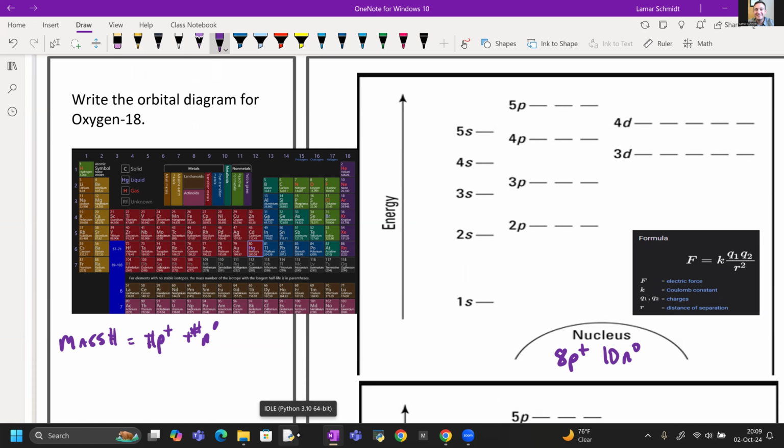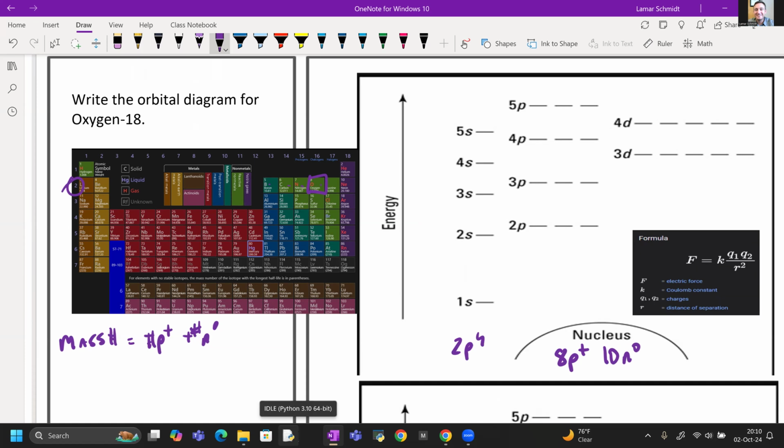All right, so what we see in oxygen 18 is that now we need to write our electron configuration for oxygen. So we notice on our periodic table that it's in energy level 2, and that it's in 2p 1, 2, 3, 4. So we know we're at 2p4.